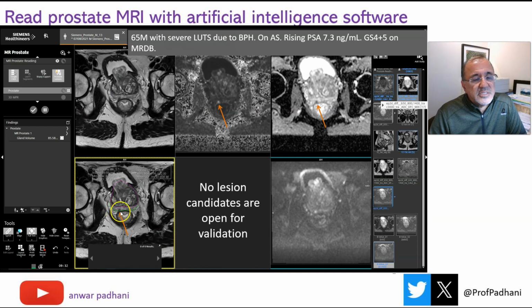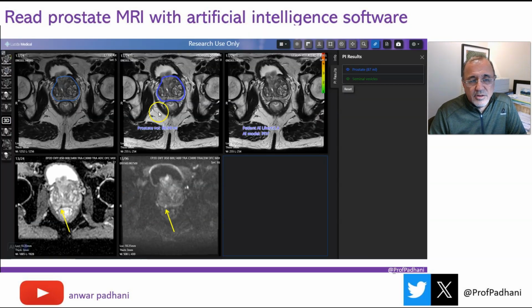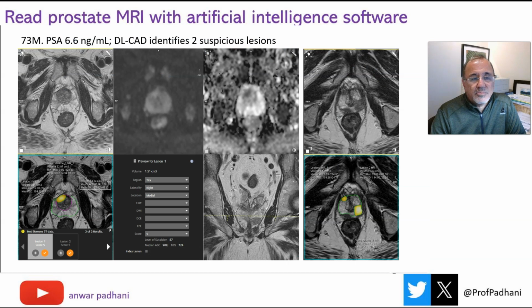It completely misses this edge lesion. And here's another AI looking at the same data, and again that lesion is missed by this AI also. So look at lesions that are adjacent to the capsule.